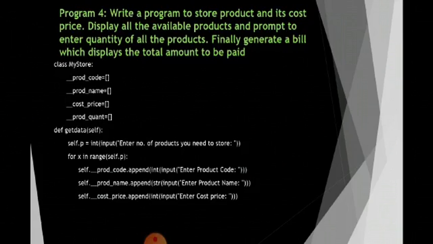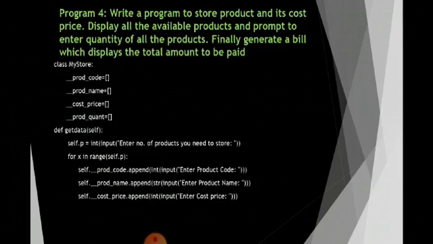Here you enter how many products need to be stored. We already know the input function always gets the input in the form of a string, so we use the int function to convert the input into an integer.